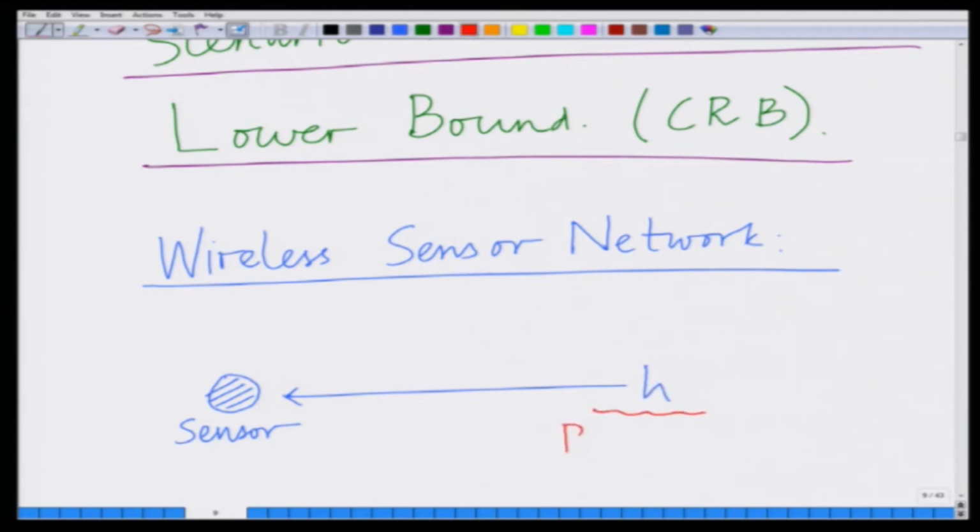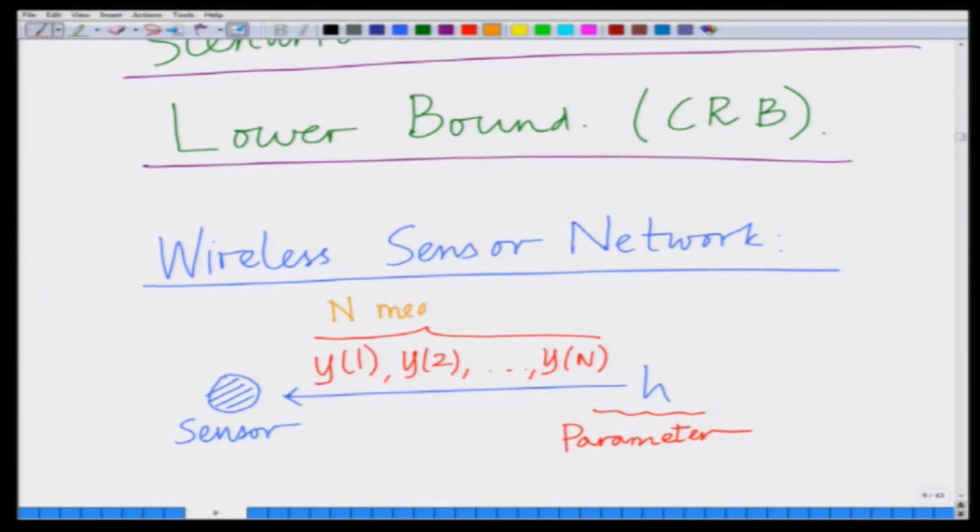This is the unknown parameter to be estimated, and we have made n measurements y1, y2, up to yn. These we have called our n observations or n measurements.